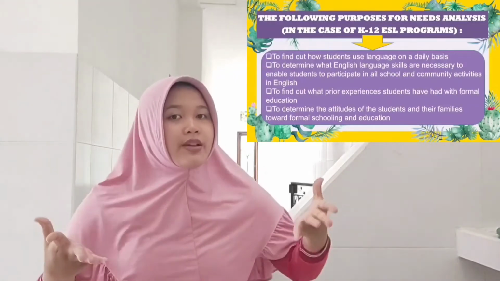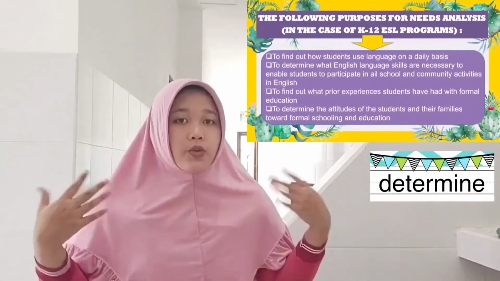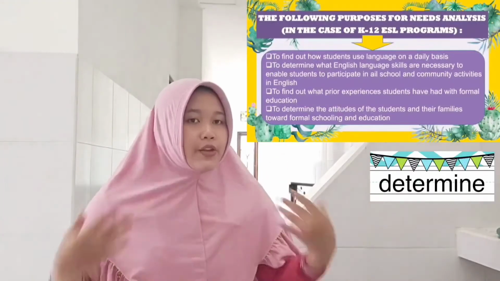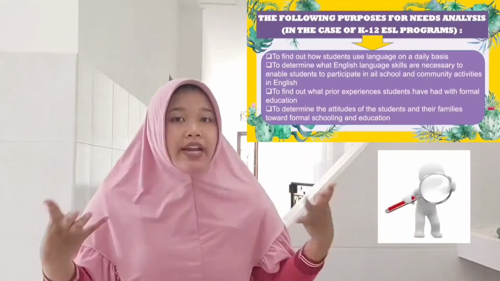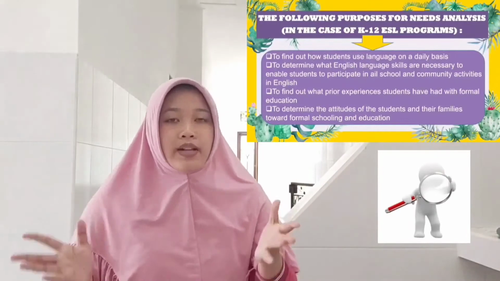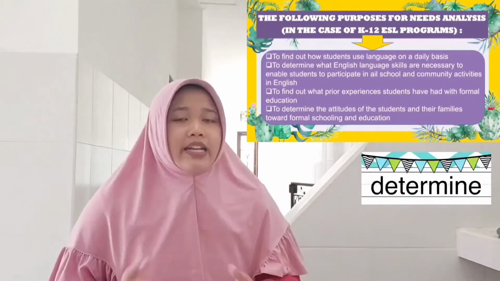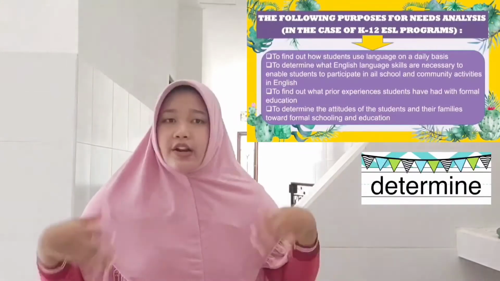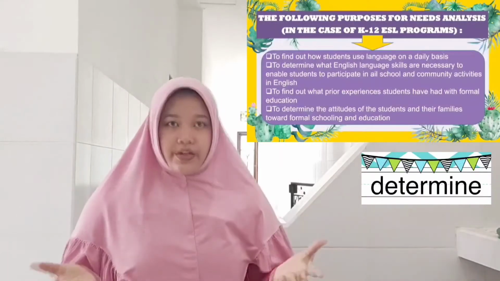And then, to determine what English language skills are necessary to enable students to participate in all school and community activities in English. And then, to find out what prior experiences students have had with formal education. And to determine the attitudes of the students and their families towards formal schooling and education.